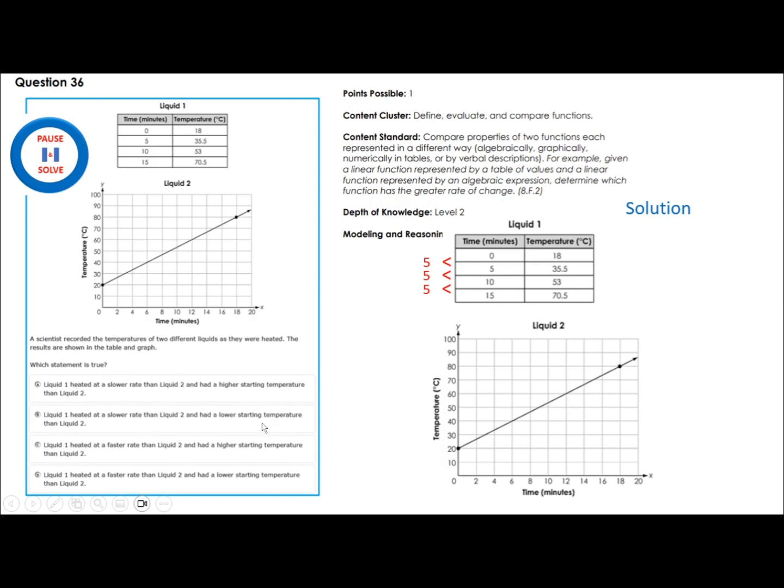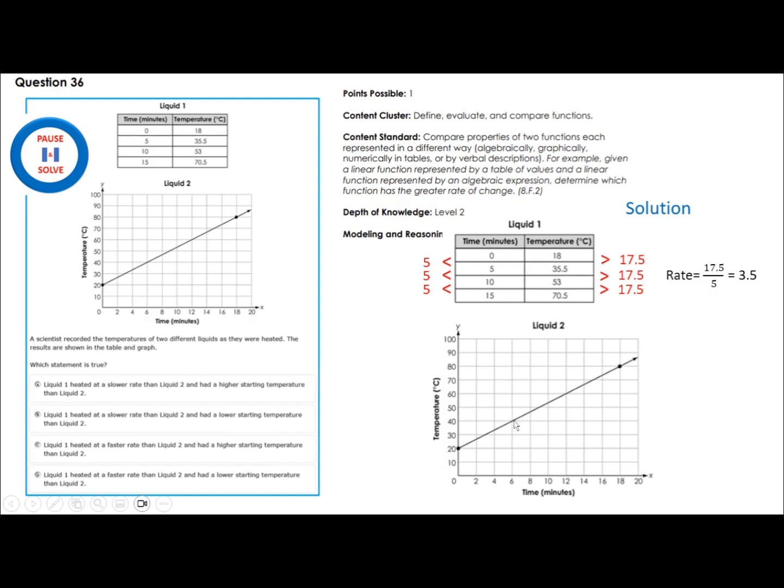So I need to find the rate. I make the differences here, 5, 5, 5, and here I have 17.5. The rate is 17.5 divided by 5, which is 3.5.